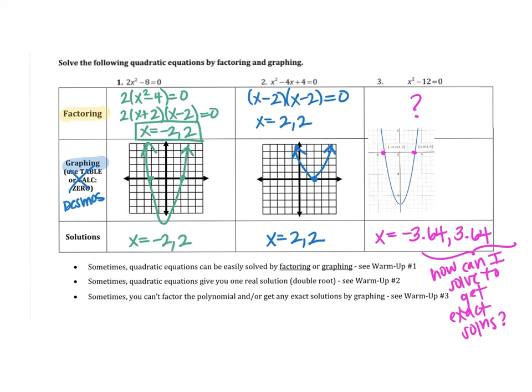We can't factor or get exact solutions. While approximate solutions are great, we're not going to write our final answers like that. So sometimes we can't factor or get exact solutions. It makes us a little sad. And so that's why we're going to need method 3 and 4, the first one being inverse operations, to help us get exact solutions. So watch the next video and I'll walk you through some examples on how to solve those.